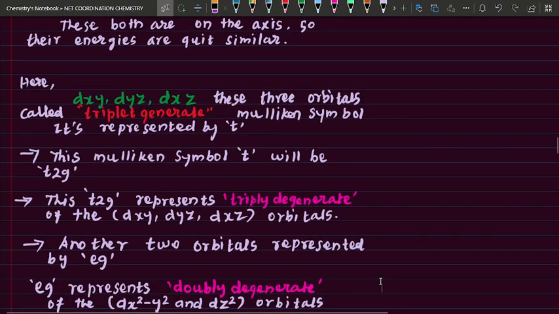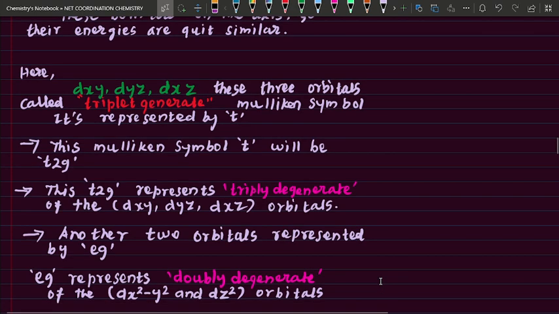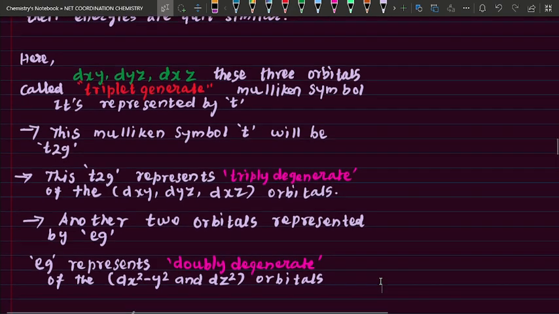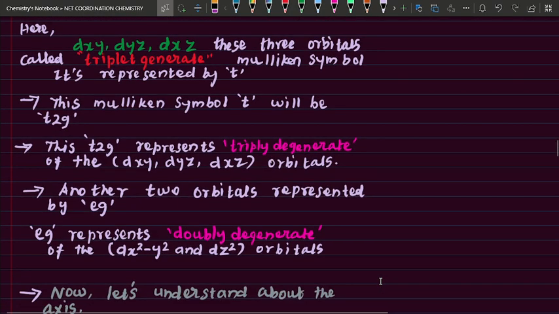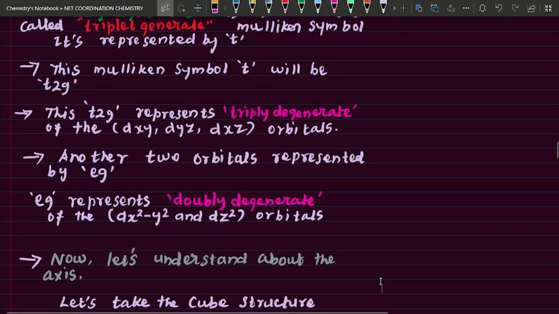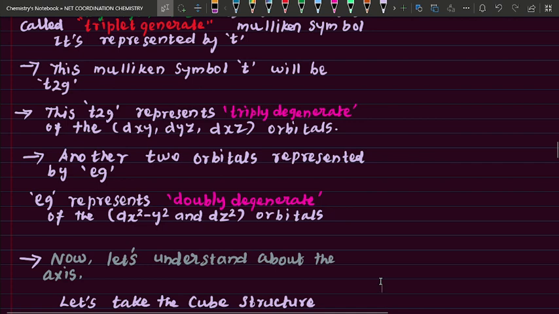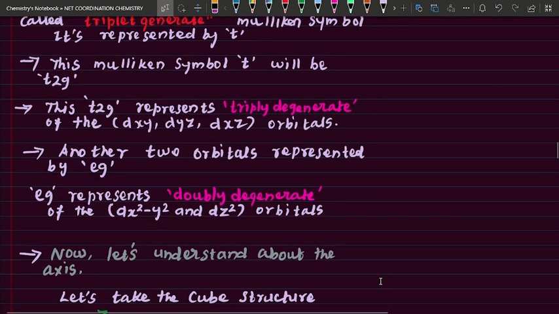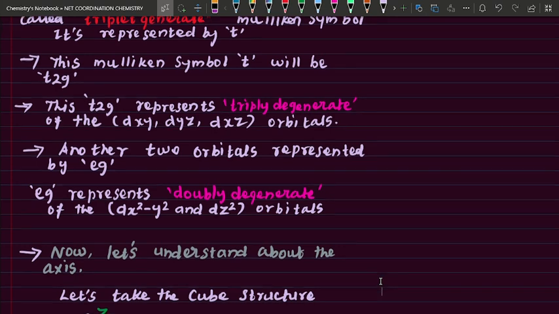This T2g represents the triply degenerate dxy, dyz, dxz orbitals. The other 2 orbitals are represented by Eg, which represents the doubly degenerate dx square y square and dz square orbitals.